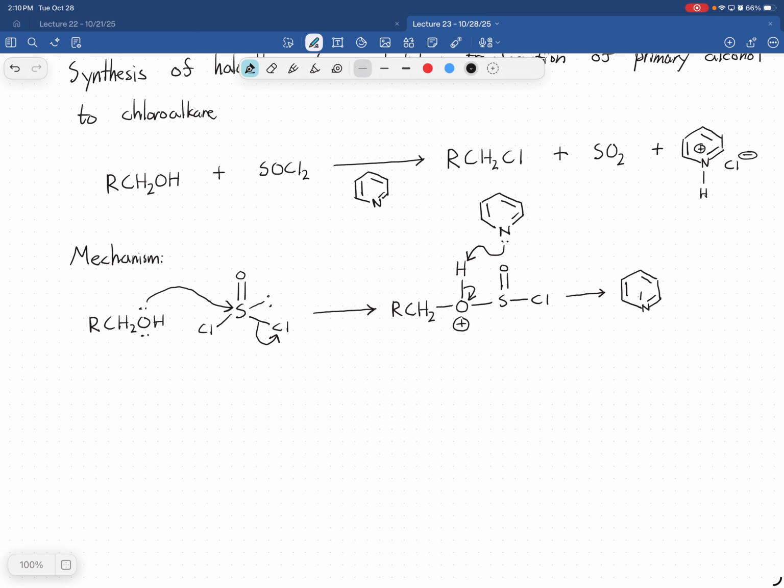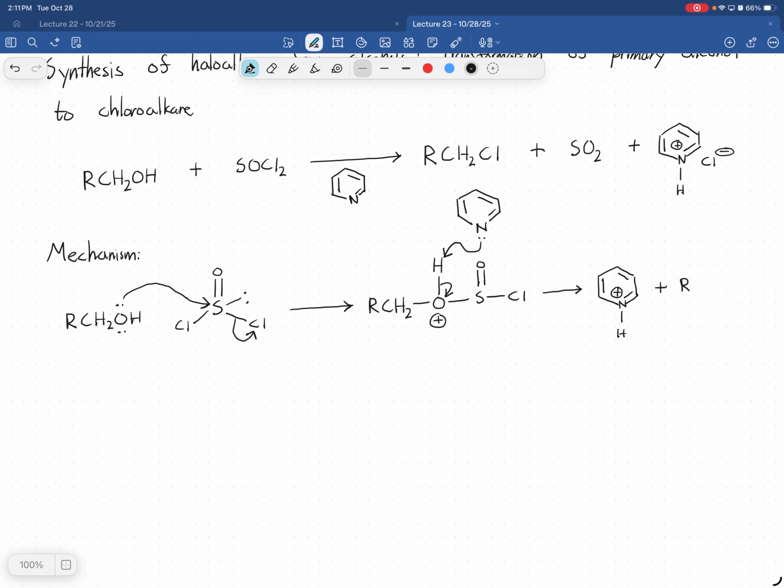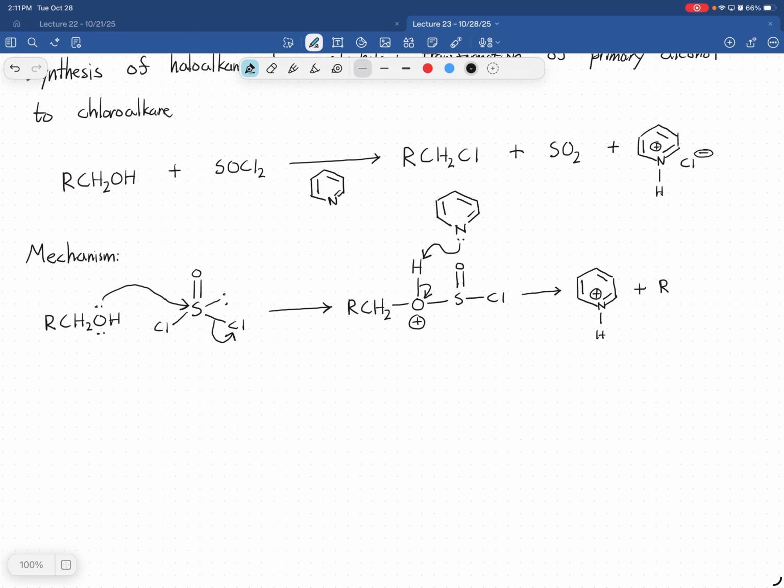So we have the conjugate acid of the pyridine, and then we have the rest of the R group here. It's our modified alcohol here, OSOCl. We're just going to abbreviate it for now.